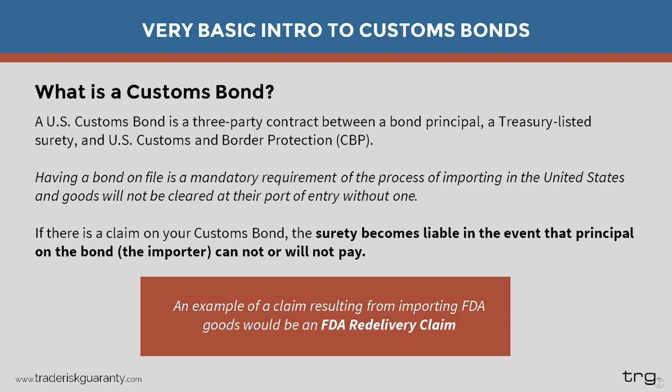Having a bond on file is a mandatory requirement of the process of importing in the United States, and goods will not be cleared at their port of entry without one. If there is a claim on your customs bond, the surety becomes liable in the event that the principal on the bond, the importer, cannot or will not pay. An example of a claim resulting from importing FDA-regulated products would be an FDA redelivery claim.